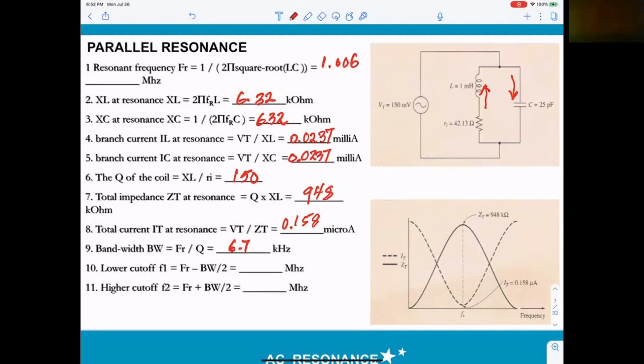And let's see, bandwidth 6.7, divide by 2. About 33 or something. 0.7 divided by 2 is 3.35. Okay. Half bandwidth, 3.35. The answer is 300.